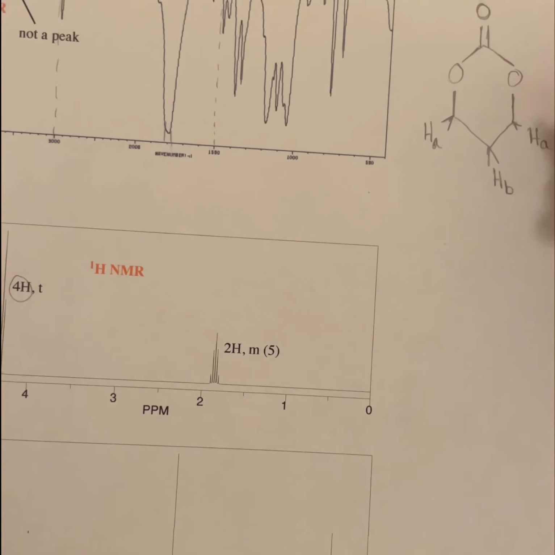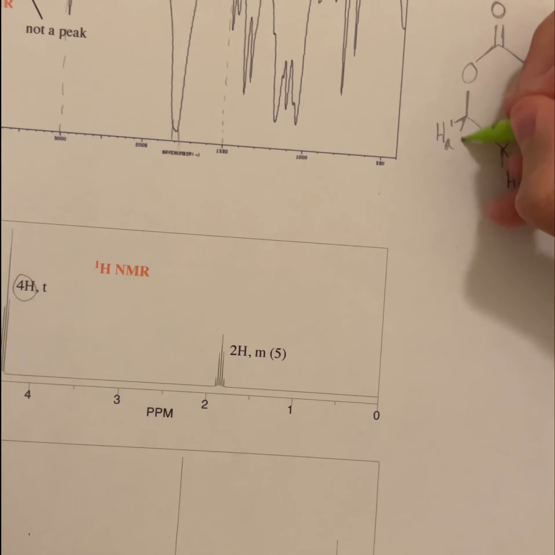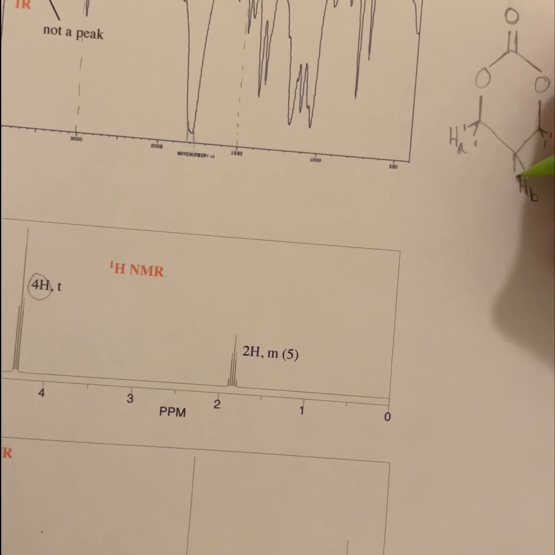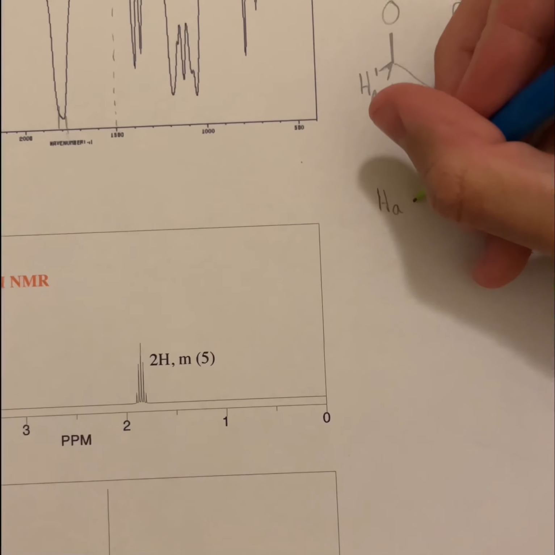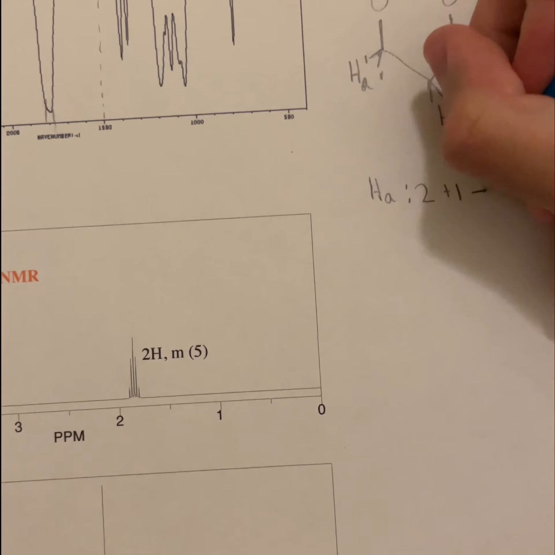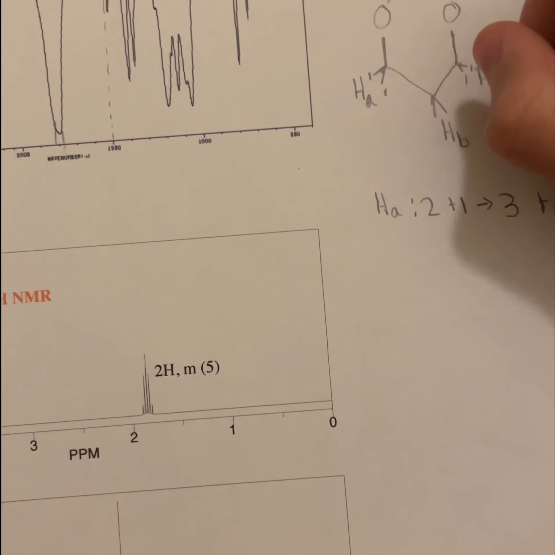Looking at HA, we have 1, 2, 3, 4 hydrogens, and it has 2 neighbors. Since it was 2, we can do 2 plus 1, which gives us 3, so that gives us our triplet.